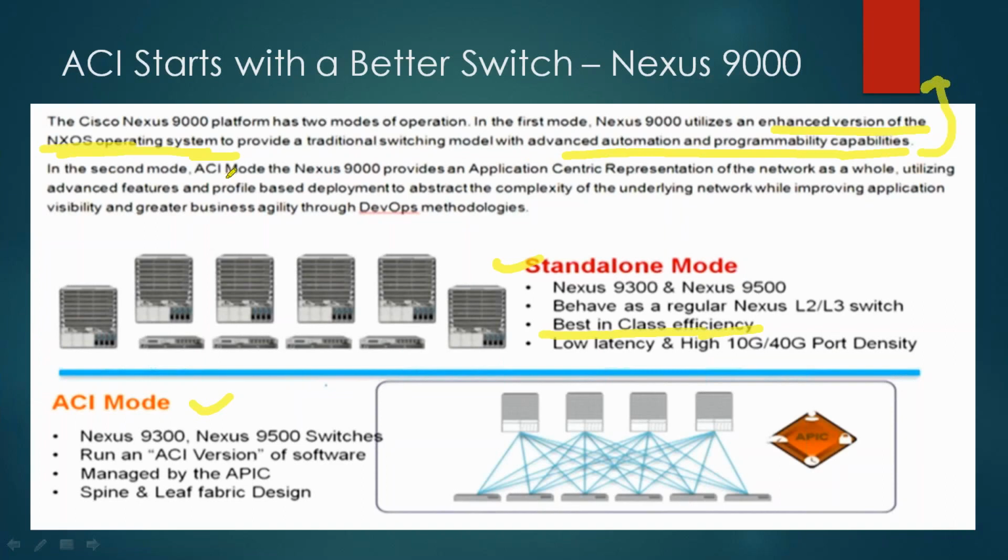The second mode, that is the ACI mode in Nexus 9K, provides an application-centric representation of the network as a whole. So here we have the application-centric infrastructure if I run in ACI mode, utilizing advanced features and profile-based deployment. It abstracts the complexity of the underlay network, improving application visibility and greater business agility through the DevOps methodology.